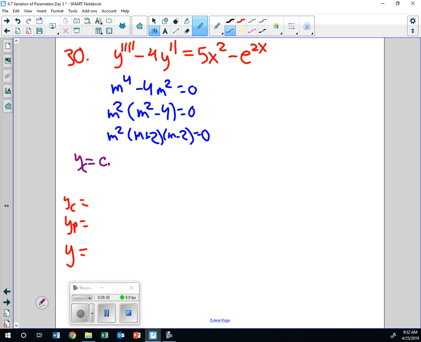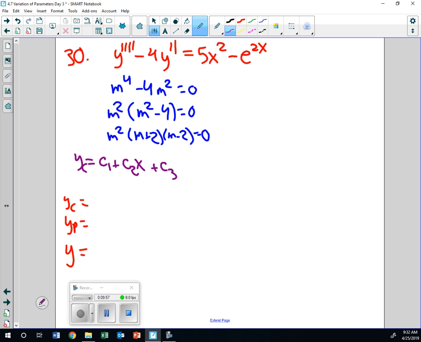So you're going to have c1 plus c2x. Do I do c3x squared? Great question. No, because it only takes, wait a minute, 3, no. This is two derivatives, so yeah, 2 derivatives takes it out.